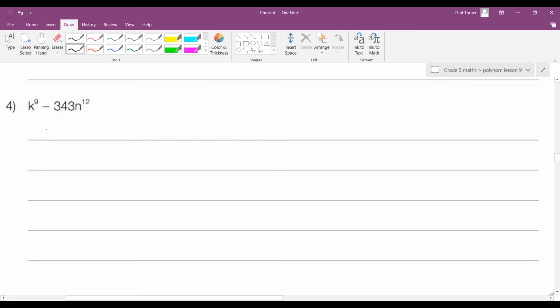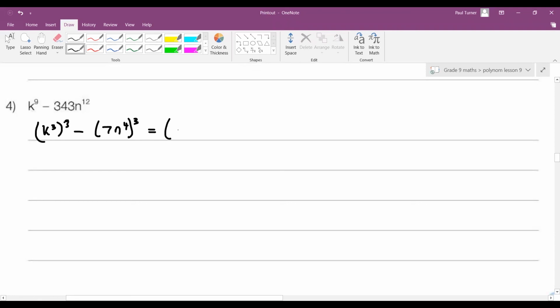So k9 we'll make as k cubed minus 7n4 cubed. 7 cubed is 343. So handy to remember those. So now we have a difference of cubes.